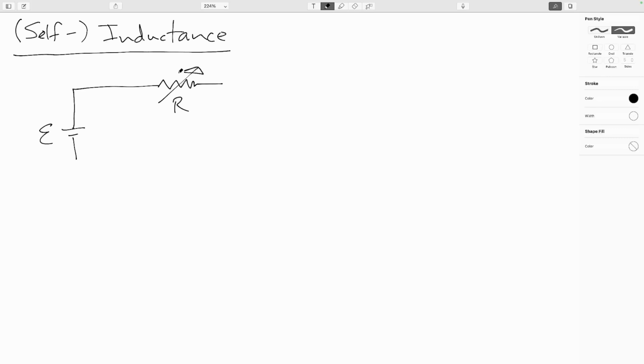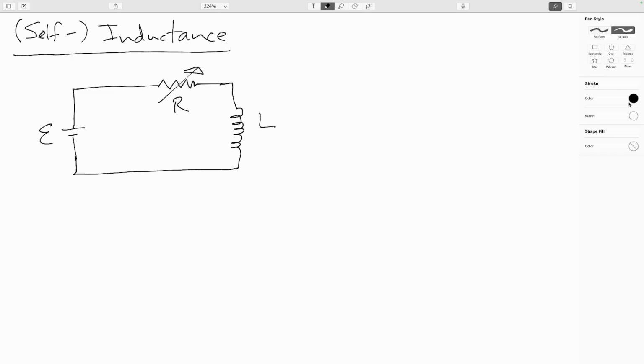So this means I can literally turn a knob and change the value of the resistance. And then this is going to go through our inductor, which remember is literally just a loop of wire. Often it's wound around an iron core or something like that. The symbol for inductance is L.